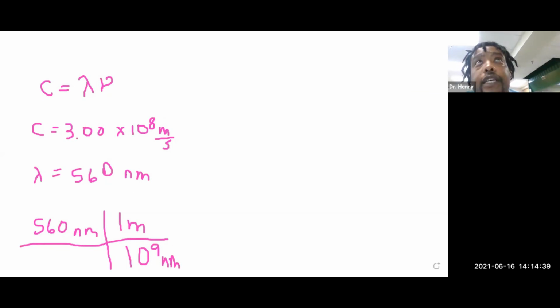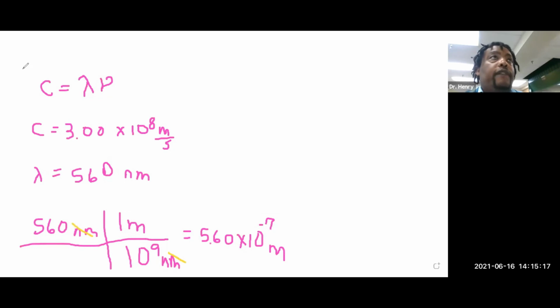Okay, so if I look at this, nanometers are going to cancel out, and I'm left with meters. And so I get 5.60 times 10 to the, this is dividing, so that would be 10 to the minus 7 in scientific notation, meters.